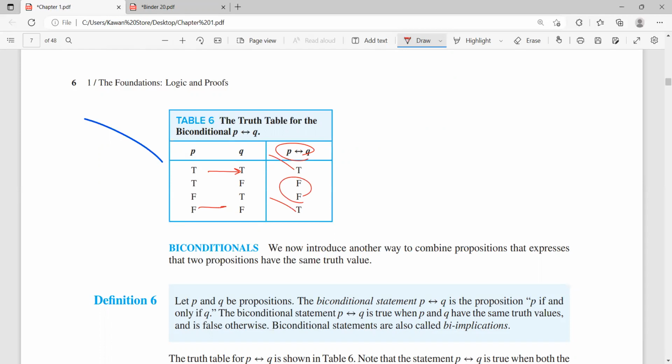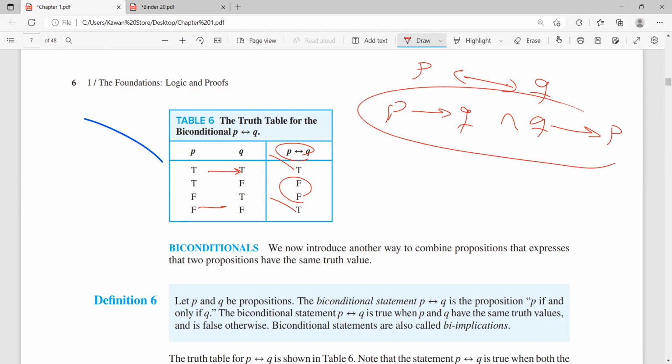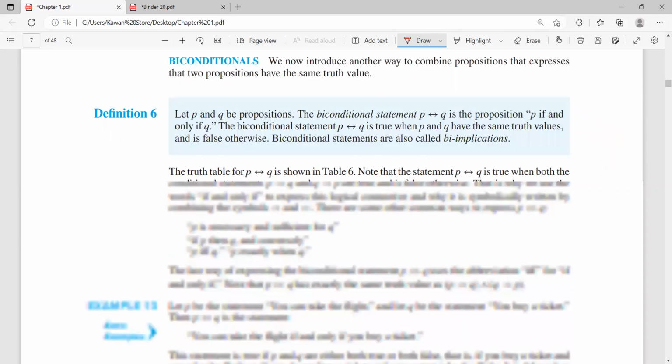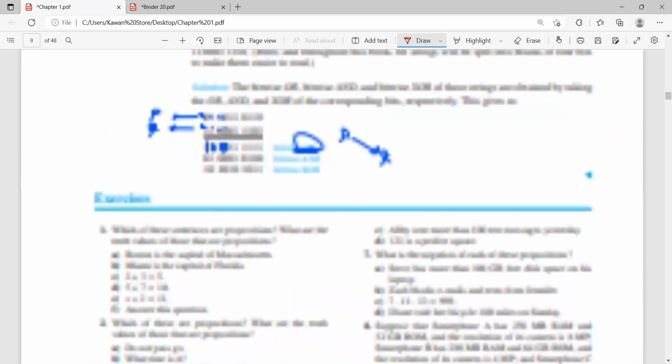And if I forget, which usually I do, I can use P implies Q and Q implies P. In case you forget, you can use this statement also. Understood?